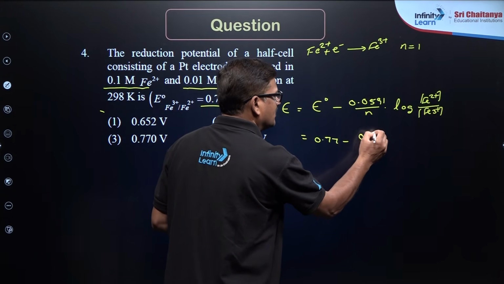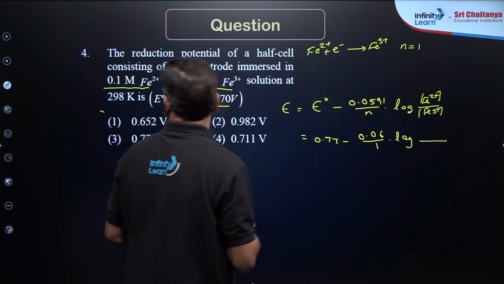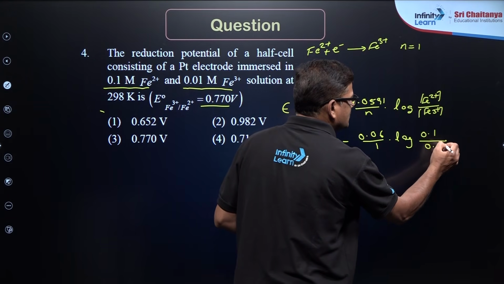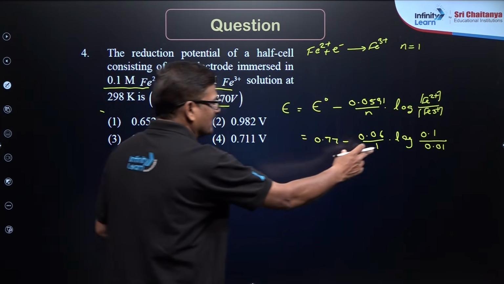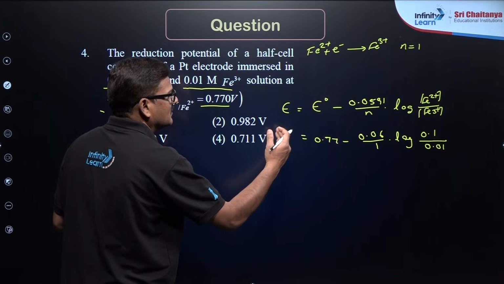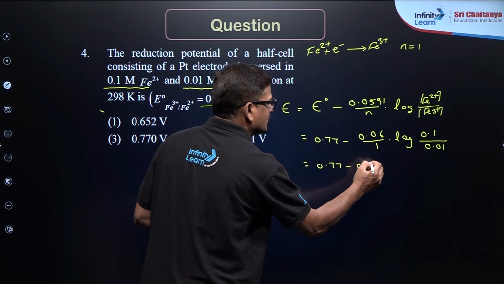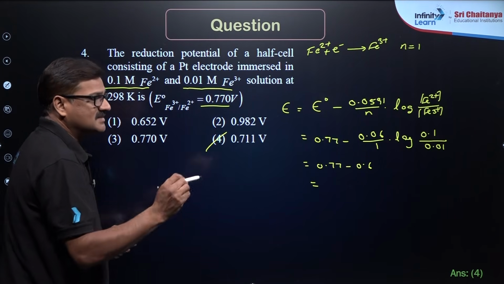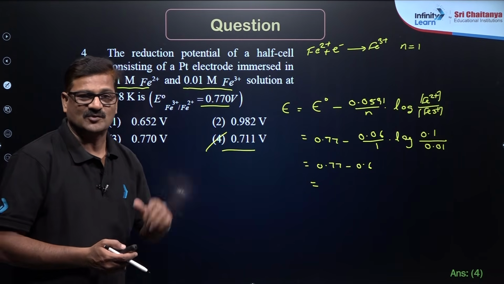So 0.77 minus 0.06 divided by 1, times log of 0.1 by 0.01. On doing so, you get 10 to the power of 1, so log is 1. So 0.77 minus 0.06, and you will have the potential as 0.711 volt. Option 4 is the correct answer for this question.